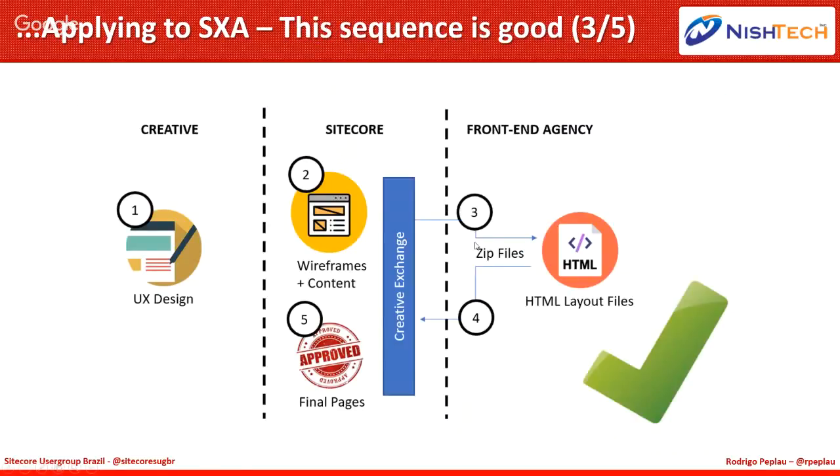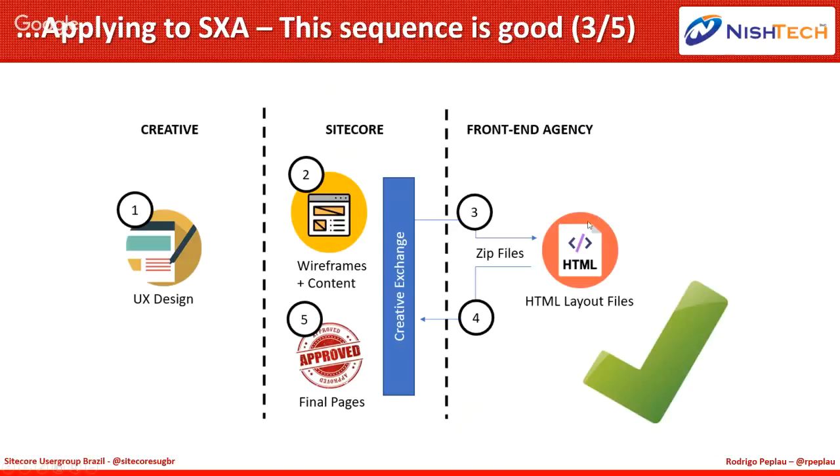Right? So this is a sequence that is good. You create a UX, number one. Number two, you will build the wireframes and add the content. Number three, you're going to export using Creative Exchange, export the zip files, and give that to the front end guy or the agency.